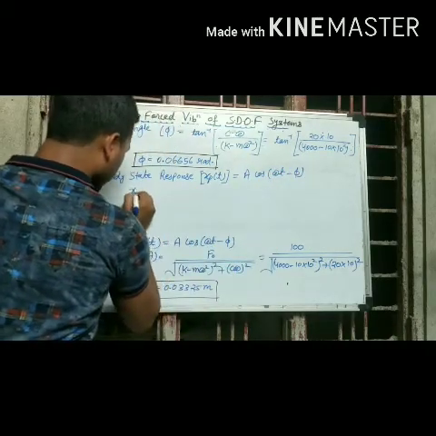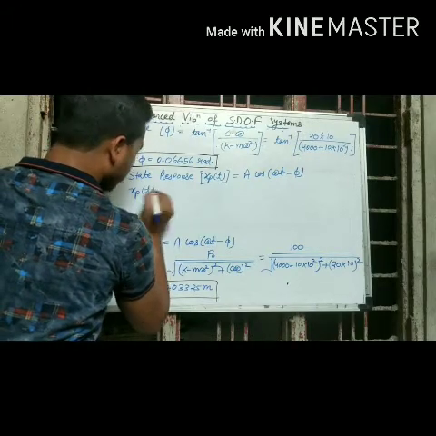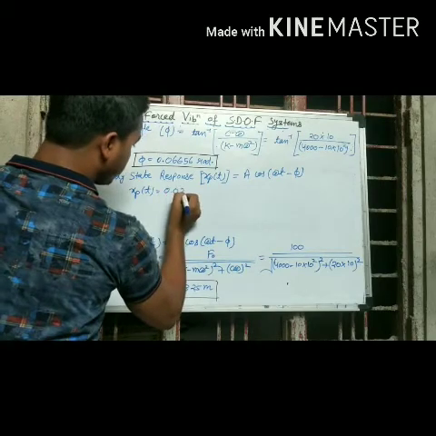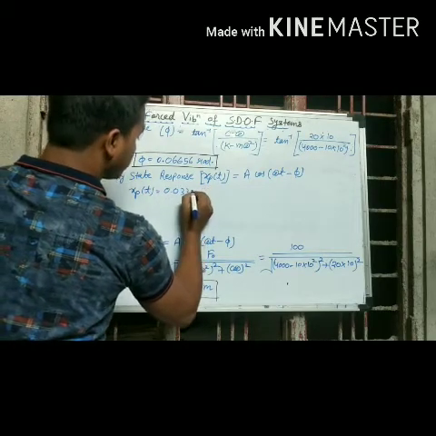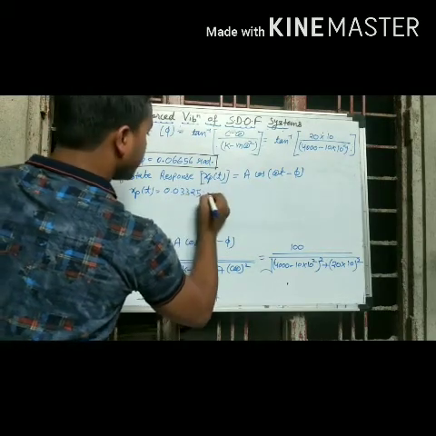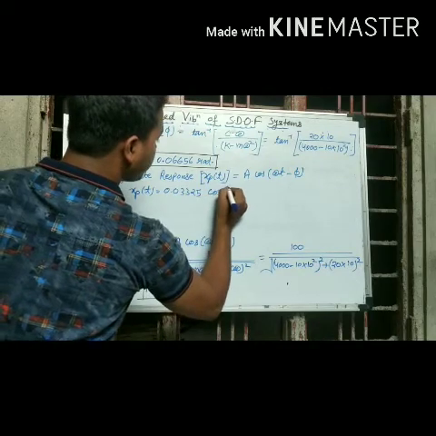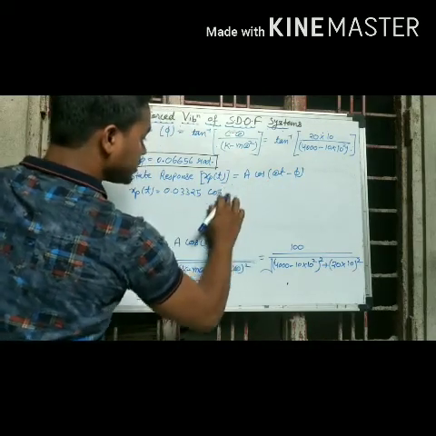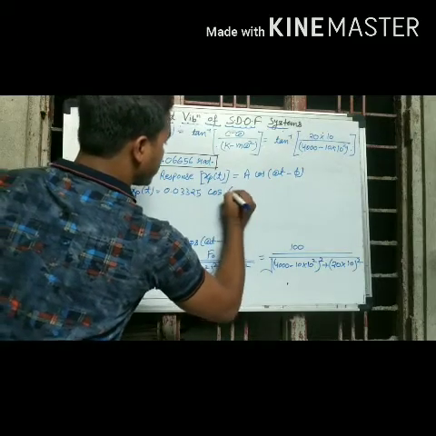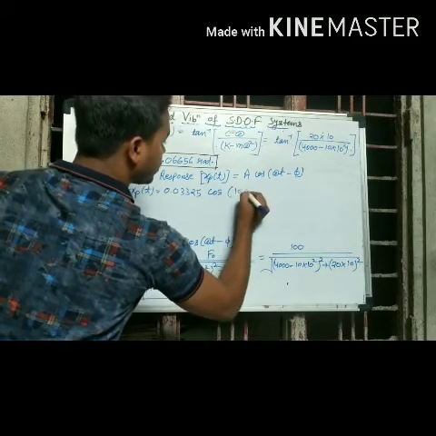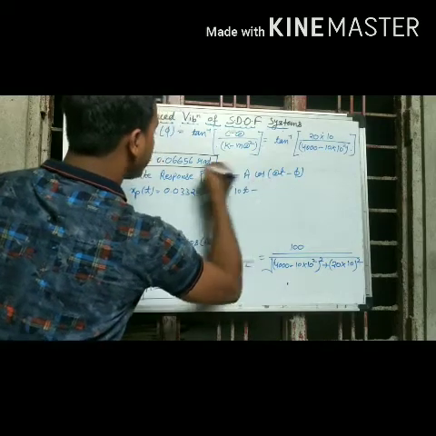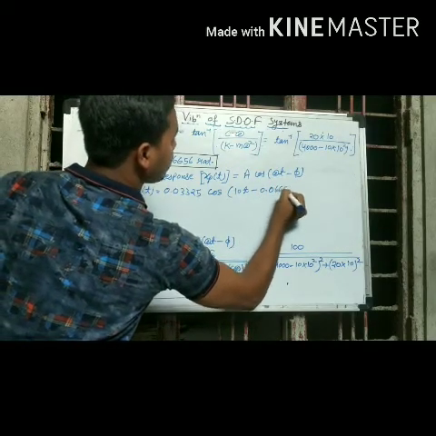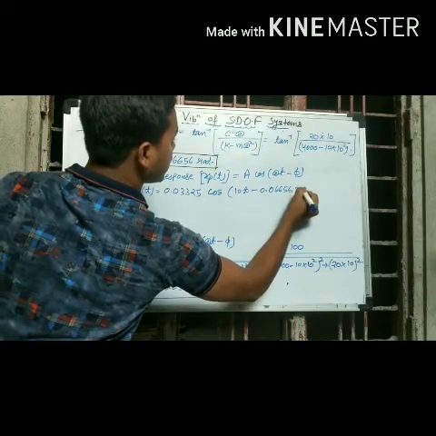So now I can write x(t) equals the value of A, 0.03325, into cos of omega t. The value of omega is 10, into t minus the value of phi in radian, 0.06656 radian.